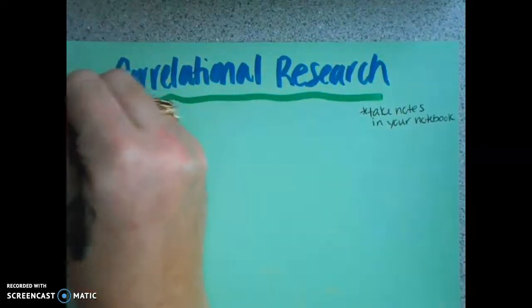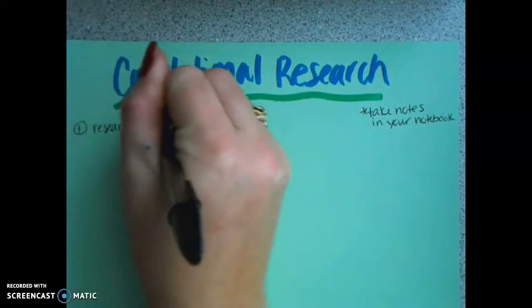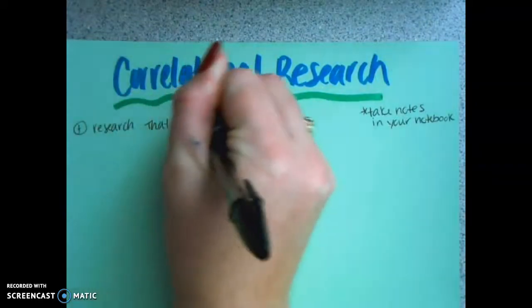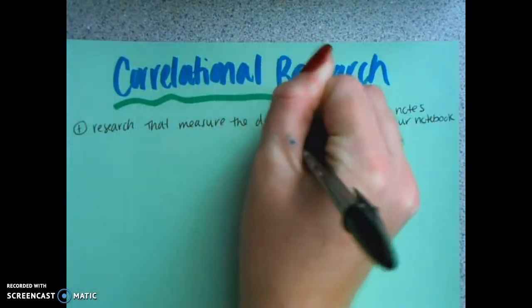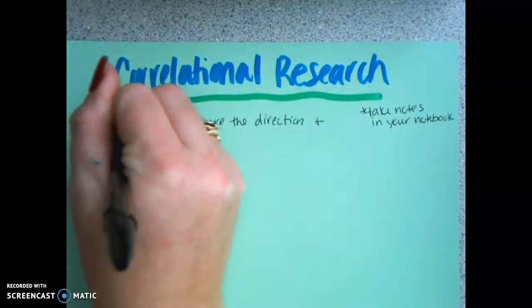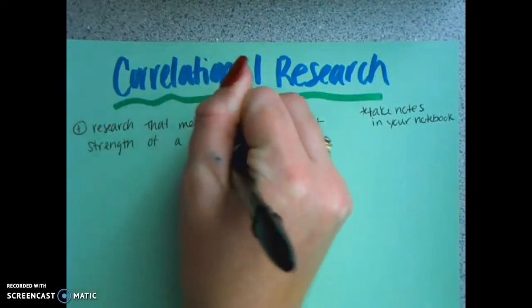Okay, the first thing we're going to start with is just the definition of correlational research, right? Correlational research is research that measures the direction and strength of a relationship, right?